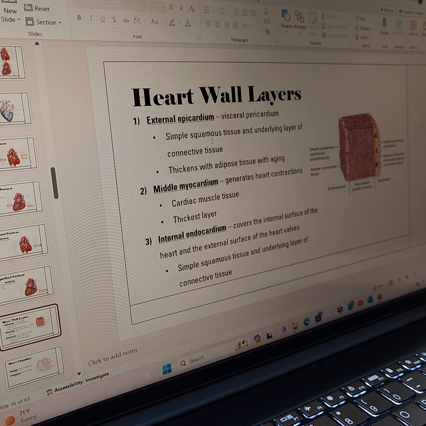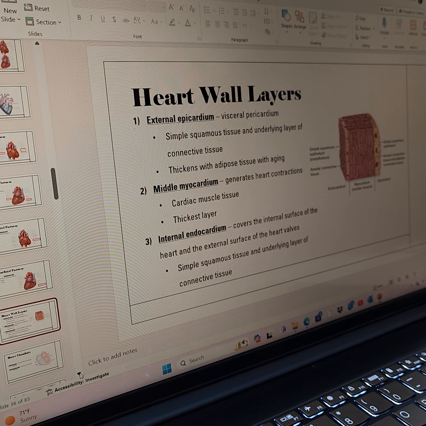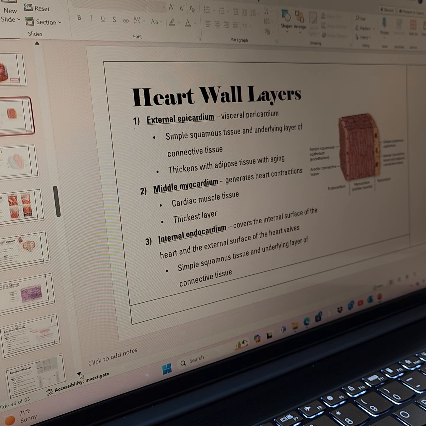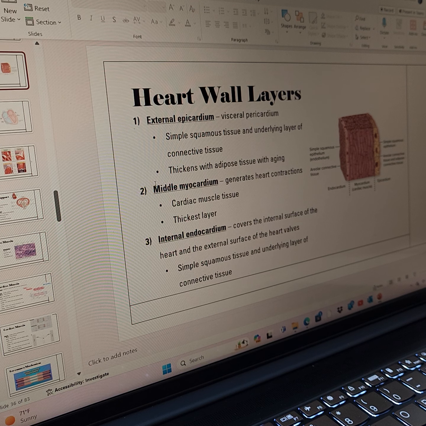Heart wall layers. Okay, we have to know these layers. This is the section right before it starts getting into the sarcomeres. So the external epicardium contains visceral pericardium, simple squamous tissue, and an underlying layer of connective tissue.